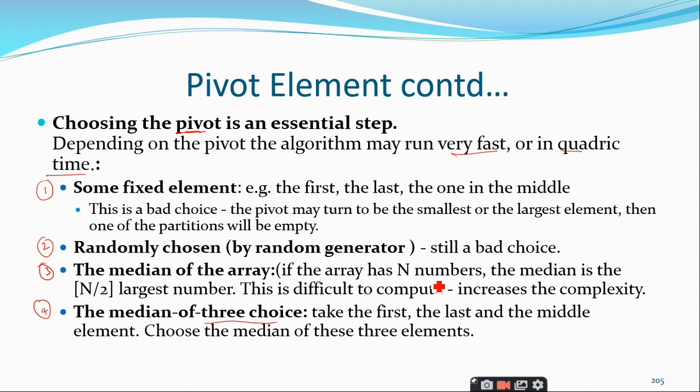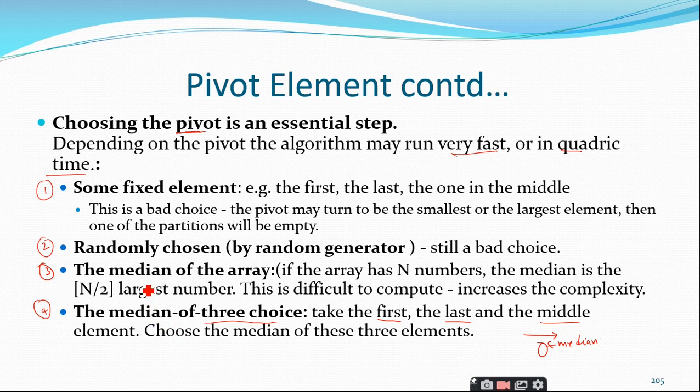You have to arrange those 3 numbers in ascending order, and whatever element is present in the middle will be the median of those 3 elements. So, what are those 3 elements? You take the first element of the unsorted list, the last element of the unsorted list, and the middle element of the unsorted list, and you arrange them in ascending order. Whatever element comes in the middle of these 3 elements is considered to be the median.